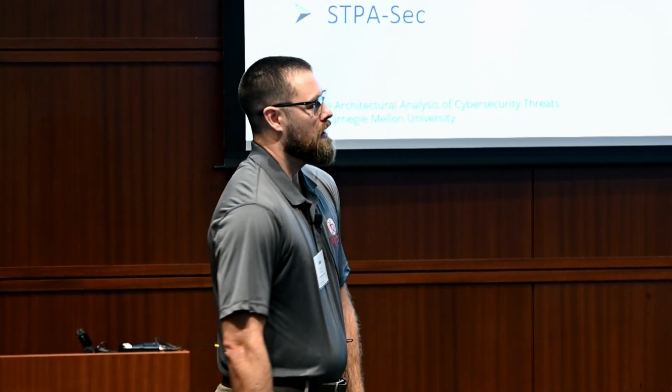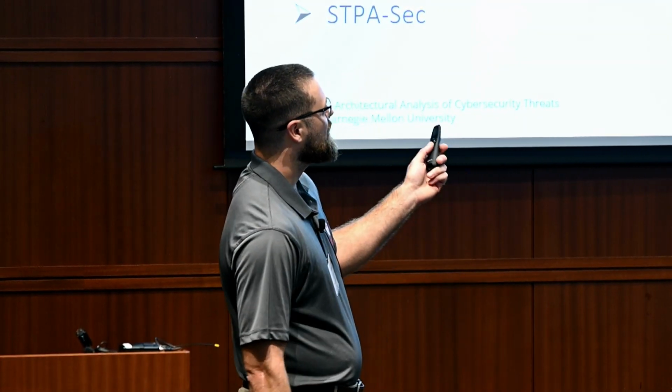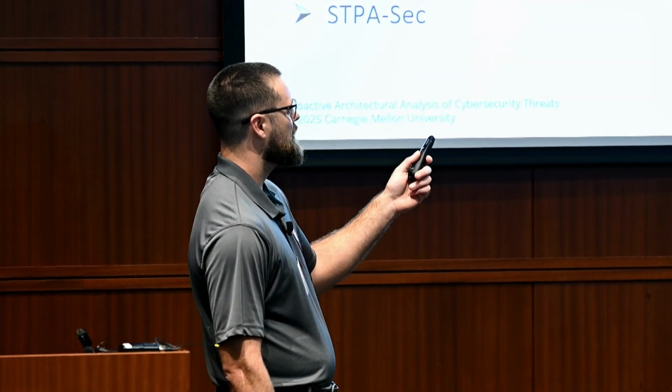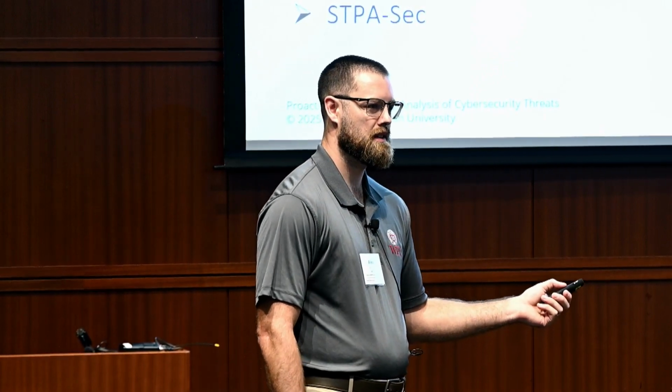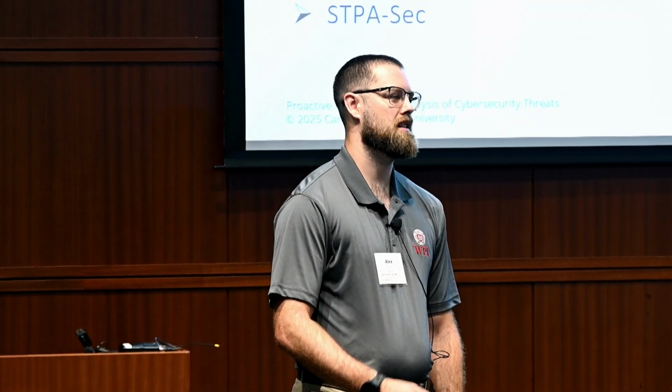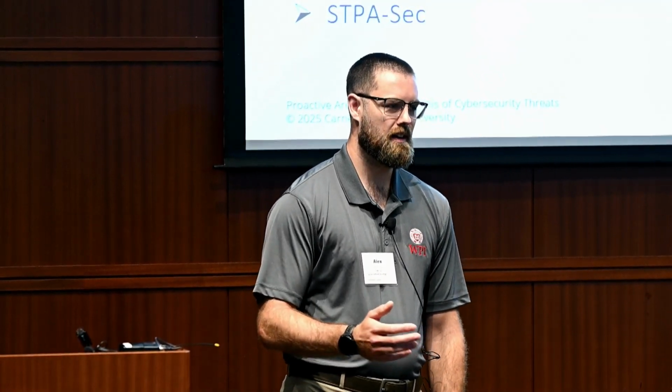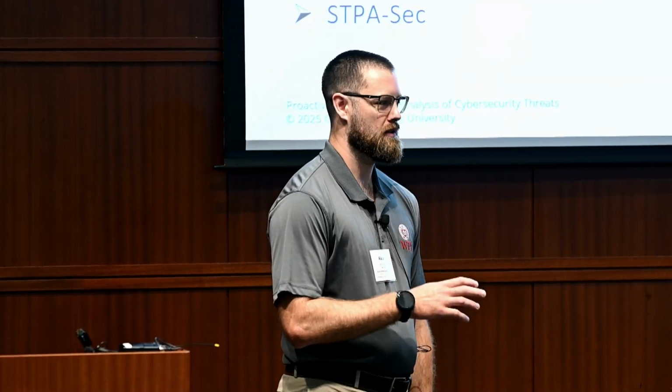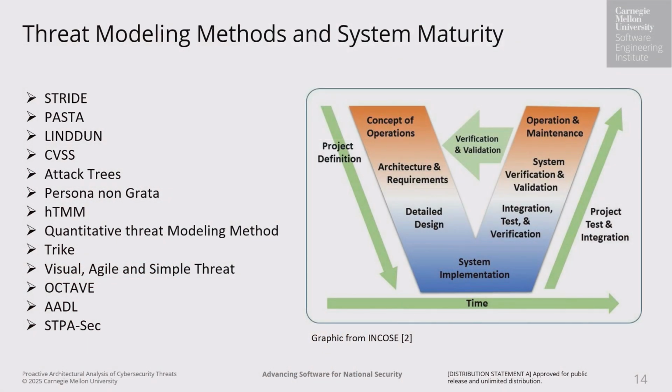But again, what we're going to be focused on is this concept of operations and architecture requirements portion. We heard earlier how we want to shift left all of that security engineering that we can. And so we'll talk about how Stride, I think particularly, is capable in that early system development area where some of these other methods you might lack the information to apply them.